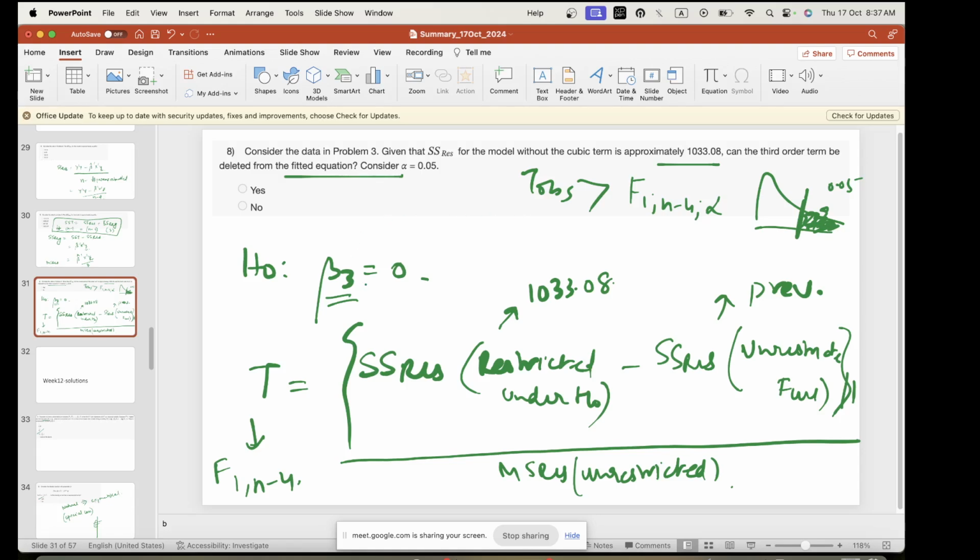And if we accept H naught, then we can say that yes, it can be deleted. So if this holds, then the answer is no deletion, but if not, then we'll have deletion. The correct answer is no. Yes, the correct answer is no. And I have marked it yes.